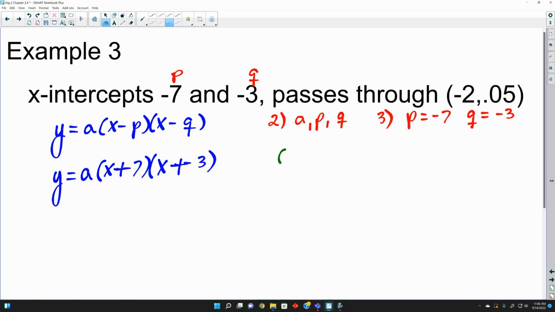So what that's telling us is that 0.05 is equal to A times (-2 plus 7) times (-2 plus 3). Because this time, unlike the first one, we have 2 places we're plugging the x value in instead of 1.